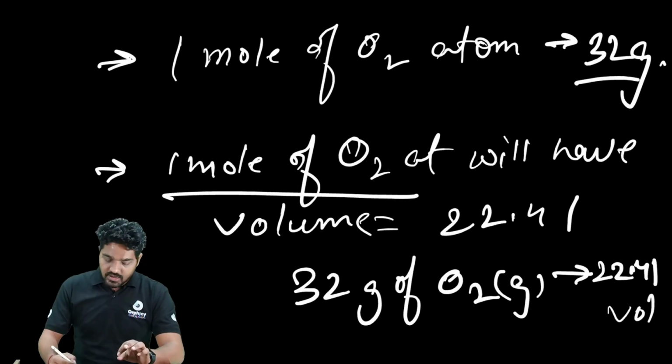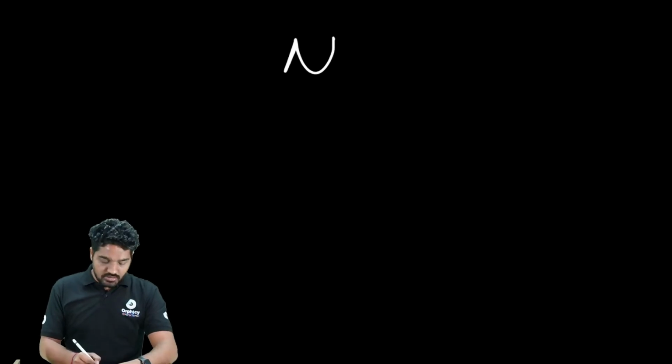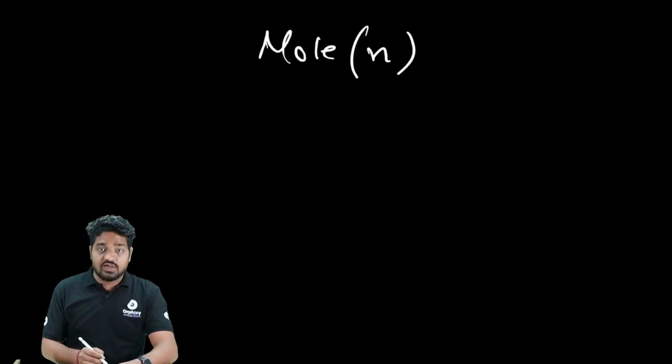So now what I'm going to do in the last section is I will arrange these three formulas, mole in terms of mass, mole in terms of number and mole in terms of volume, in a simple manner, और तीनों को मैं एक साथ relate कर भी दिखा देता हूँ आपको. So I can calculate moles in the form of three formulas.